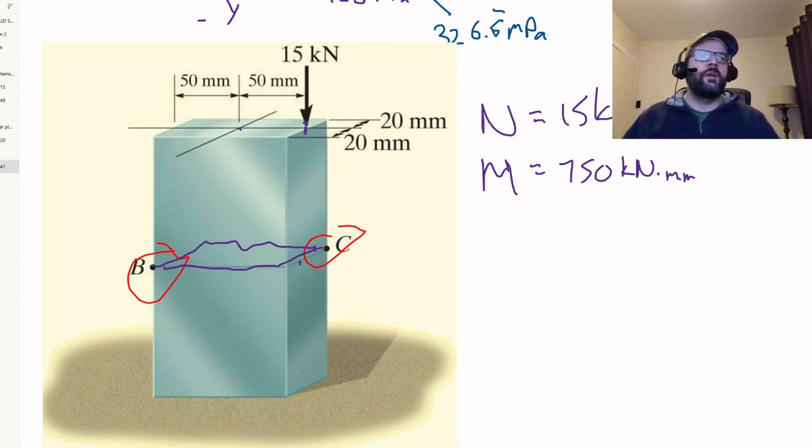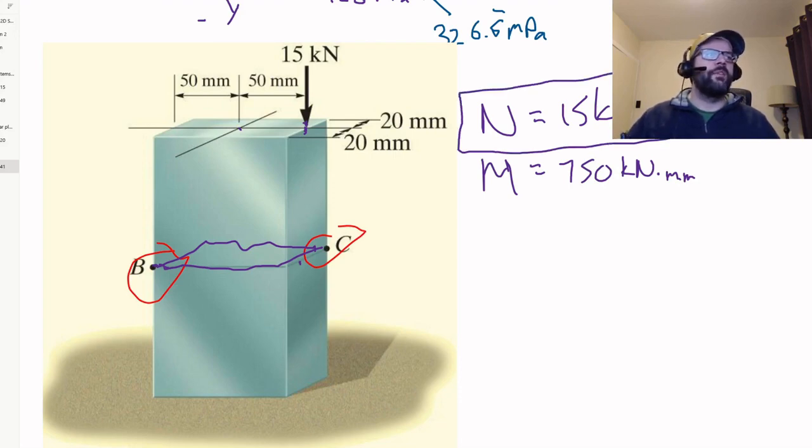So we're far enough away from the point of application of the force that we can expect that the axial force here is going to end up evenly distributed. So that'll be a negative, because again, it's a compressive load, so it's a compressive force.